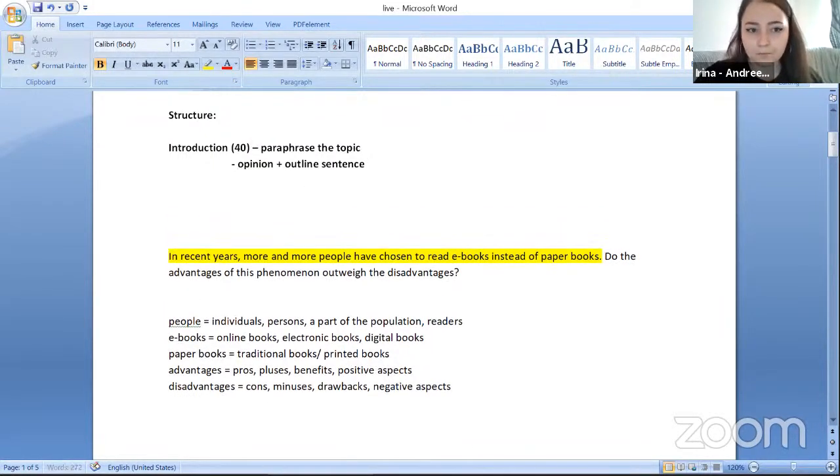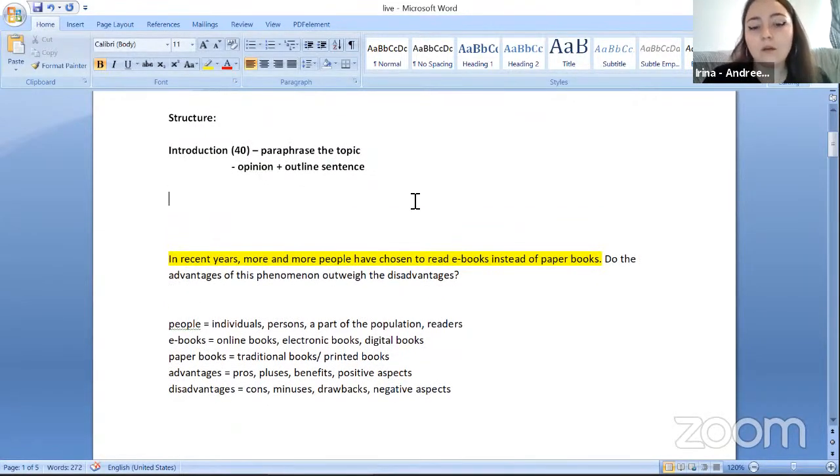Okay, now, what do we write in the next paragraph? Basically, now we have to prove that there are more, you said advantages, right? Or disadvantages? Anyway, doesn't matter. If you consider that there are more advantages to this, we have to present first one disadvantage.